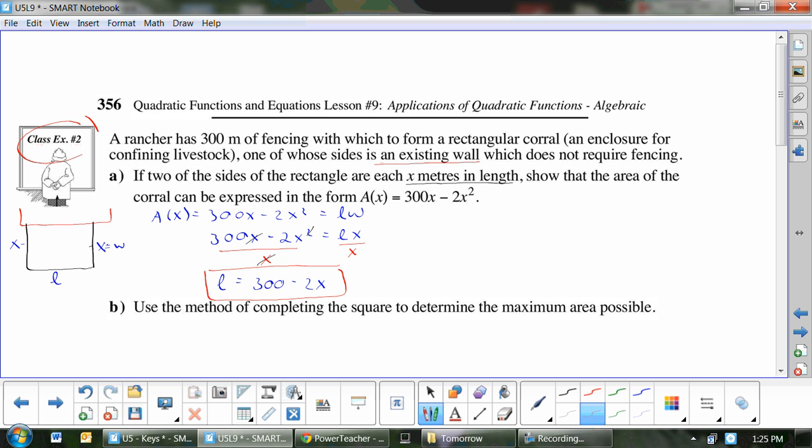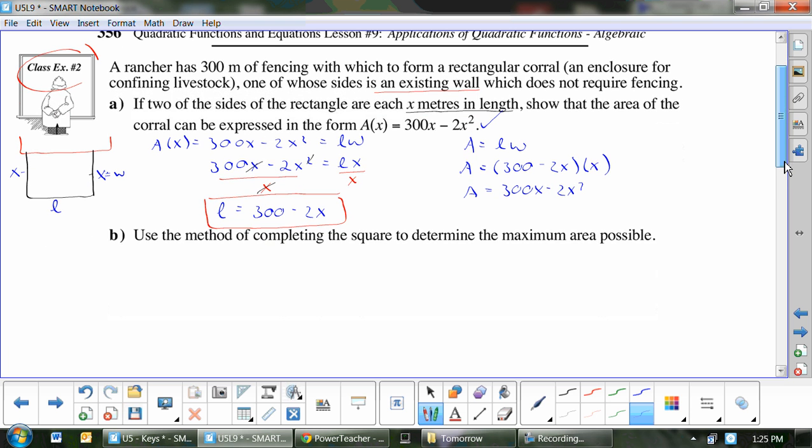Okay, and then you can check your work by going, area is length times width. We have length is 300 minus 2x times x. 300x minus 2x squared matches with that. Perfect.